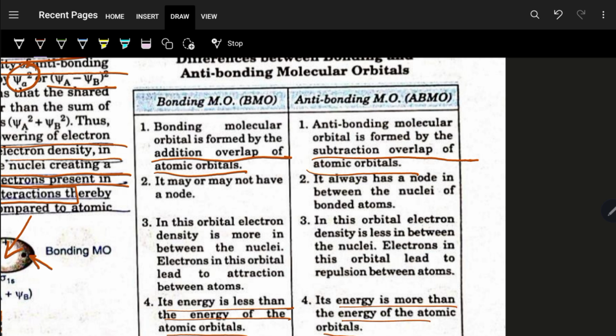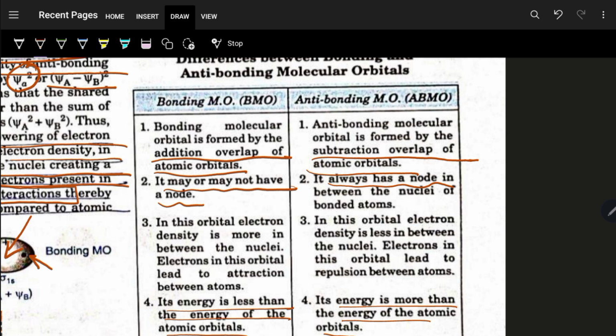That means the bonding molecular orbital has a lowering of energy, the antibonding molecular orbital has a raising of energy. Bonding molecular orbital may or may not have a node, but anti-bonding will always have a node between the nuclei of the bonded atoms. These are the three most important ones.